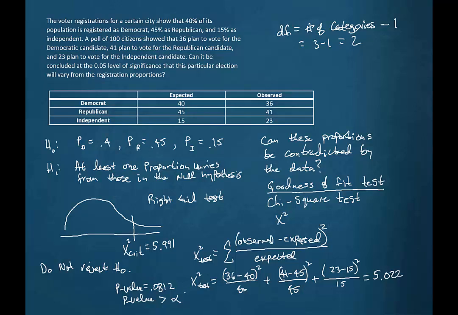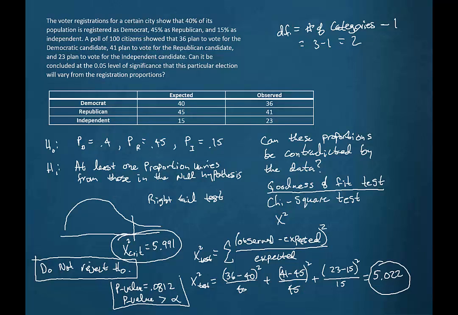Alpha was 0.05. So again, this leads us to the same conclusion. Do not reject the null hypothesis. So as usual, we can use our critical value and our test value, pair those up and make our decision, or use the p-value and alpha and pair those up and make our decision.